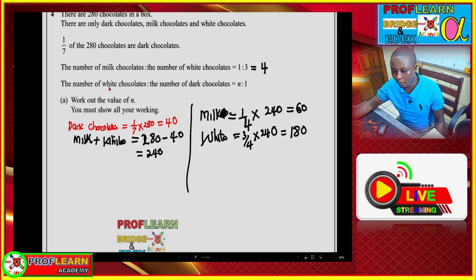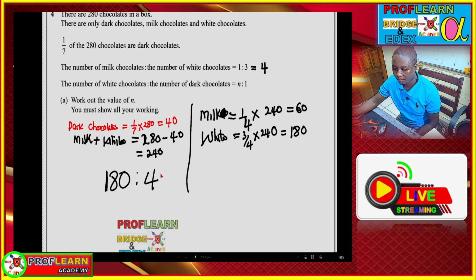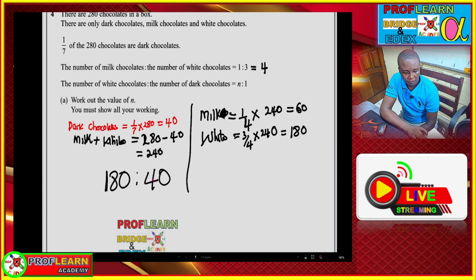Now the question is the ratio of white to dark. White is 180, and dark we got to be 40. So we have white 180 to dark 40.